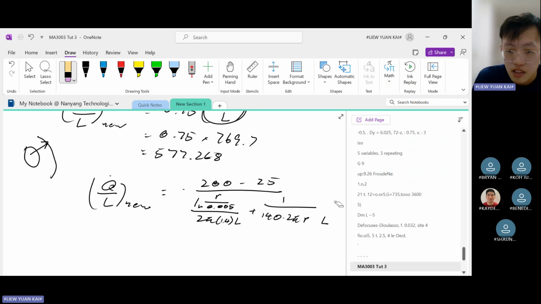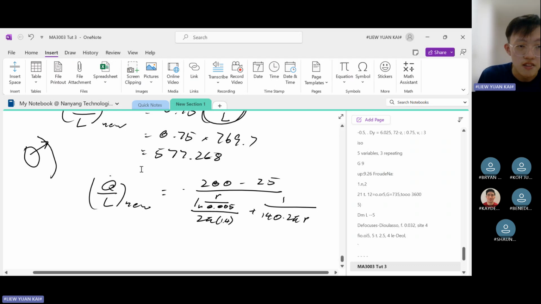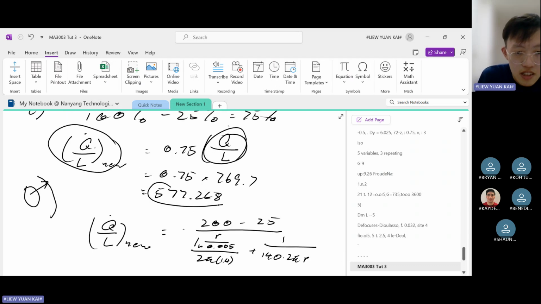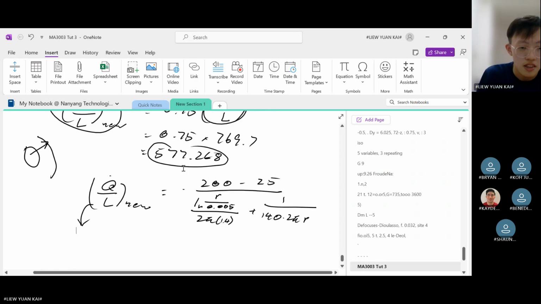This is gone, this is gone, this is gone. Then remember what we said just now? This value is equal to this. So I'm going to replace this side with 577.268, and then this thing, I just copy it down.